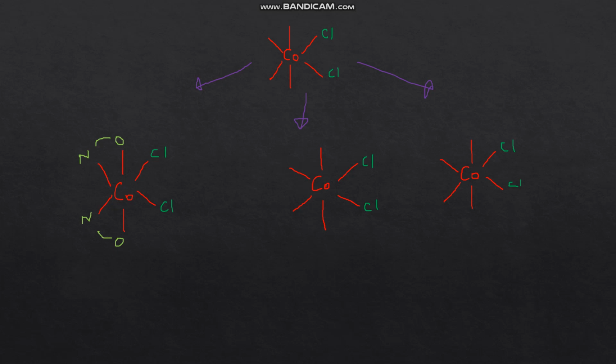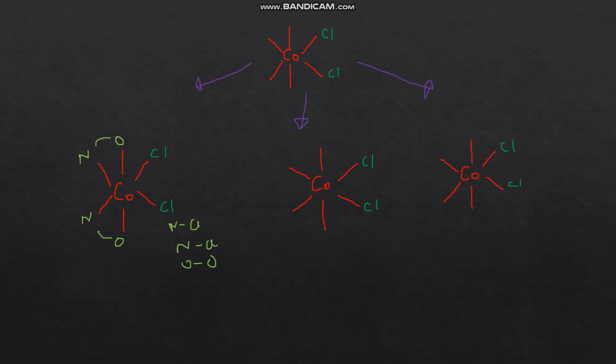So now write down your opposite pairs. This nitrogen, as you can clearly see, is opposite to your chlorine, and this nitrogen is also opposite to your chlorine, and this oxygen is opposite to your oxygen. Now we got the opposite pairs. Now we have to align this possibility so that we would get different opposite pairs.